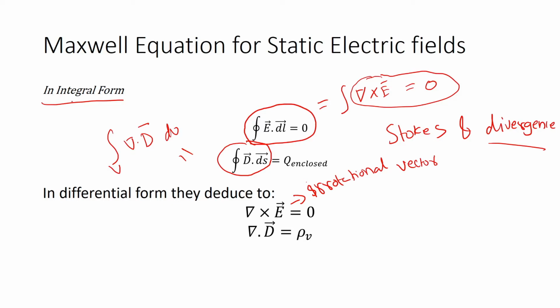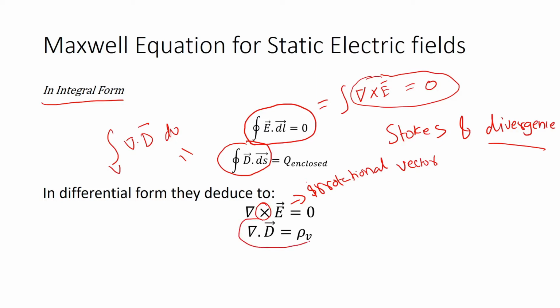The difference between integral form and differential form is that in integral form, these equations discuss a closed path and a closed surface, that is, a body or a region as a whole. Whereas in differential form, they discuss the relation between electric field intensity and electric flux density for a point.